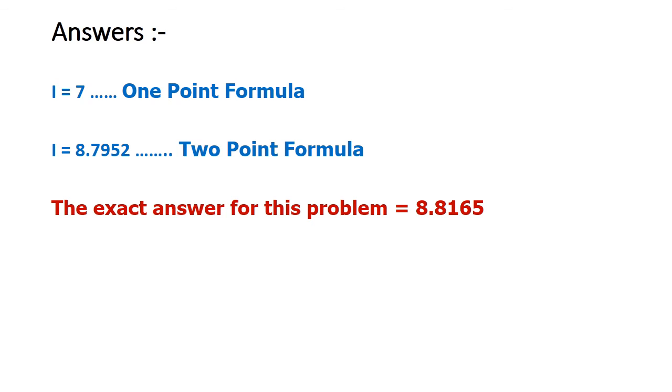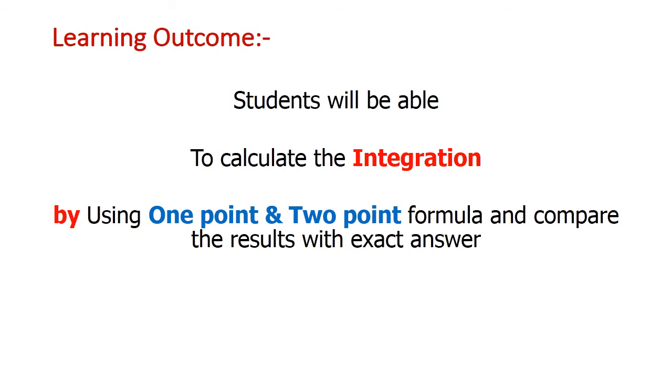Therefore we can observe that by using the 1 point formula the answer diverges from the exact answer, while by using the 2 point formula the answer is much closer to the exact answer. Therefore, we can comment that the 2 point formula gives a more accurate answer as compared to the 1 point formula.